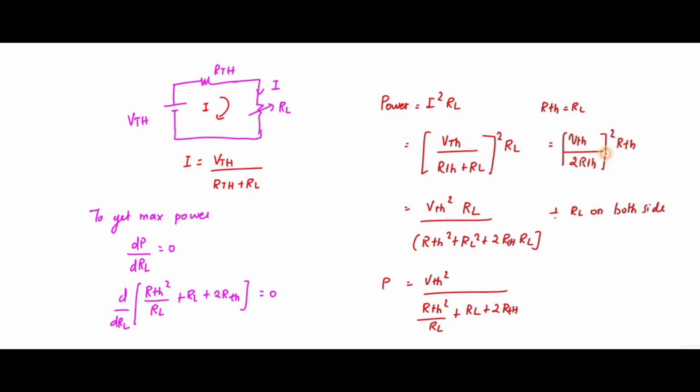So the P max value is equal to VTH square divided by 4 RTH. This is another important formula. So let us discuss a problem on the maximum power transfer theorem.